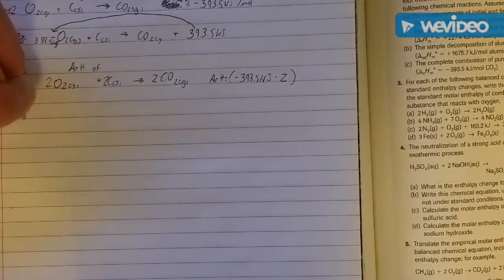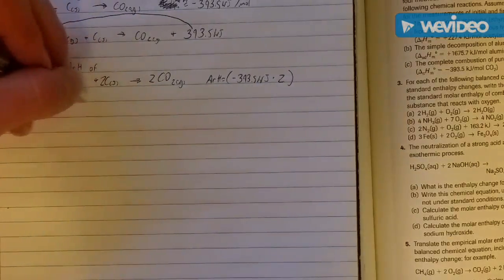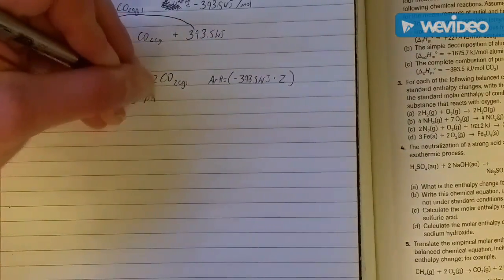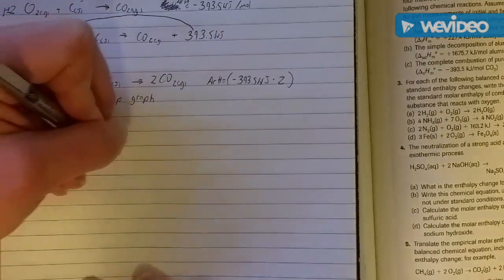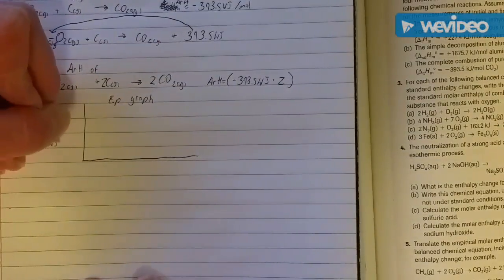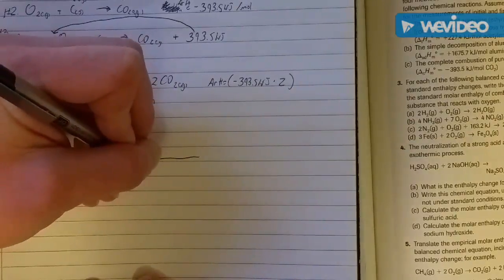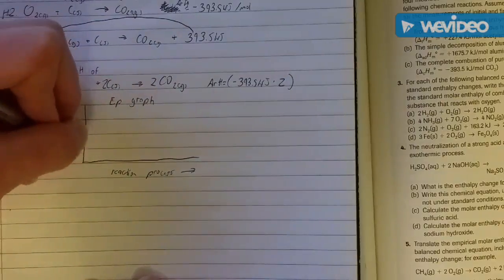Our fourth and final way of communicating molar enthalpy is an EP graph. All you do is show EP in kilojoules and write reaction process going this way.